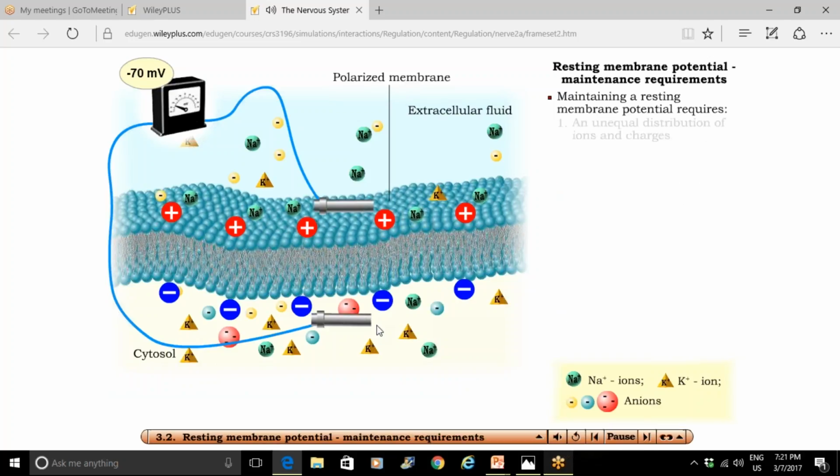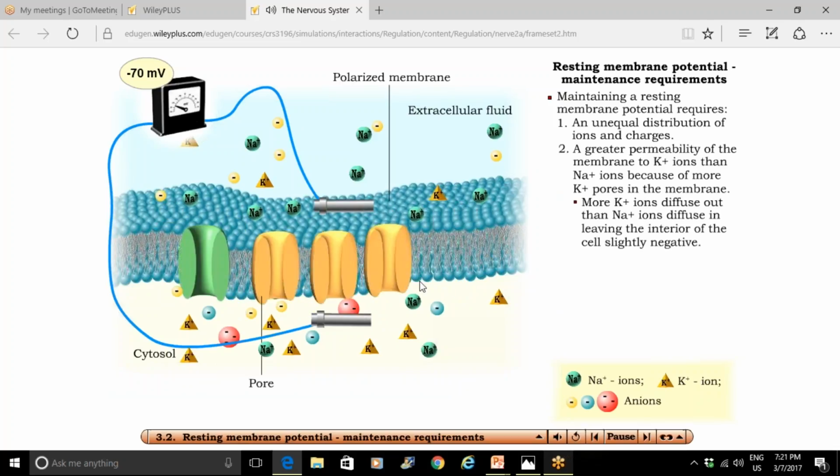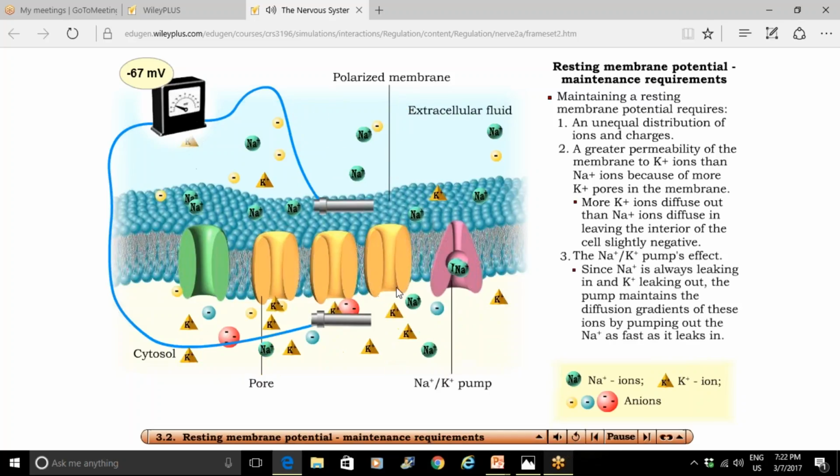Okay, so to help maintain that, you have those channels. You're going to have, as you can see here, one leakage channel for sodium, and you're going to have 50 actually for potassium. All that potassium leaving, all that positive charge leaving, is helping maintain that negative on the inside.